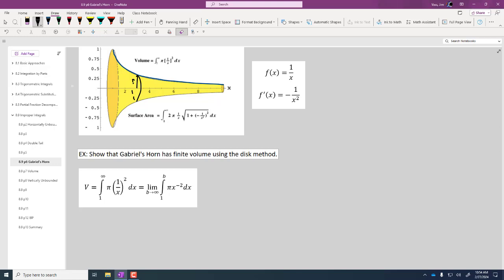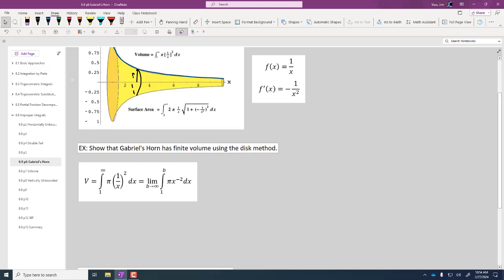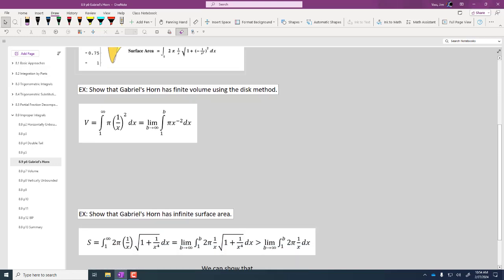R is the function. So here's pi times the function squared. So pi r squared will find the area of the disk at x, and then if we integrate the area, we will get volume. So volume is the integral of area. And right off the bat, we see that, oh gosh, we're dealing with a square in the denominator, so we expect convergence. We've already seen this one, essentially.